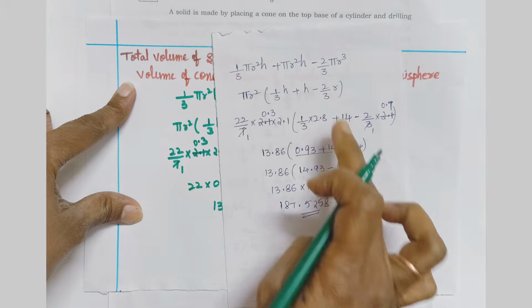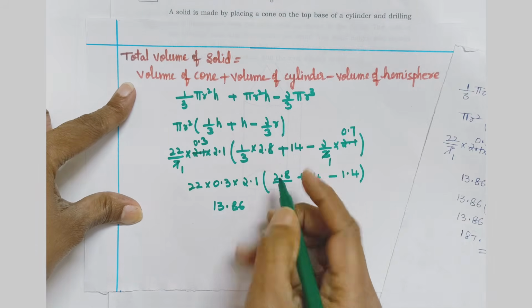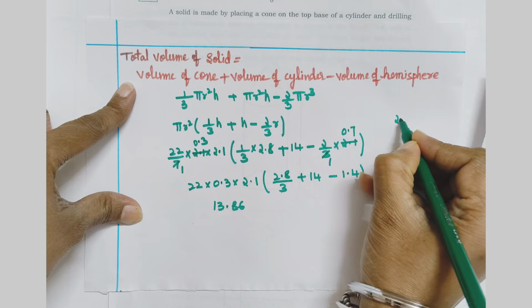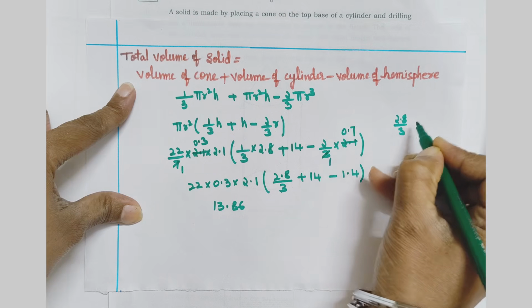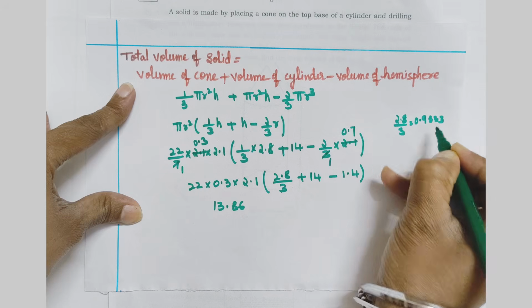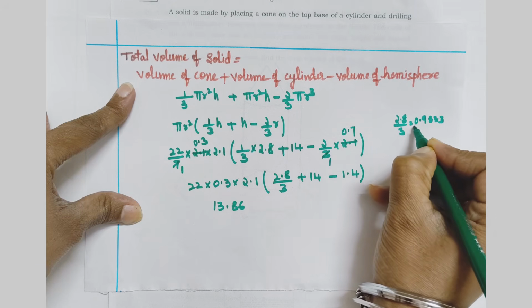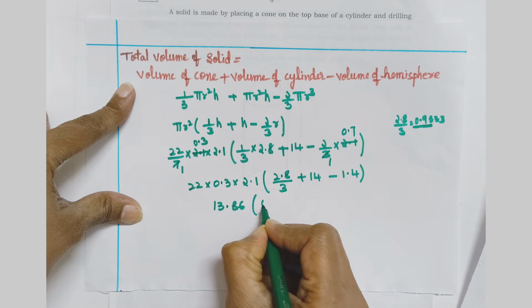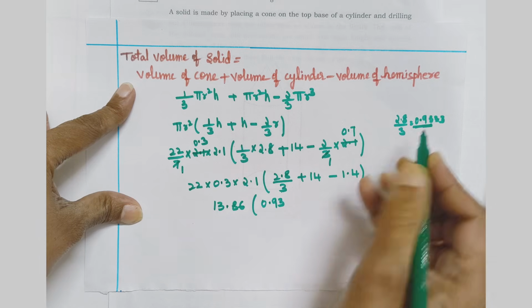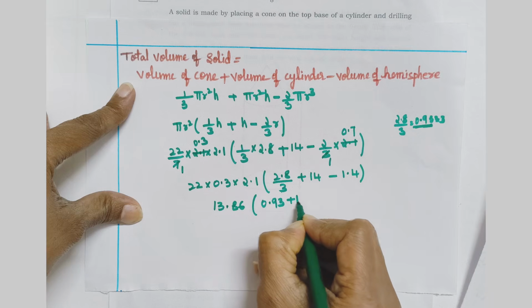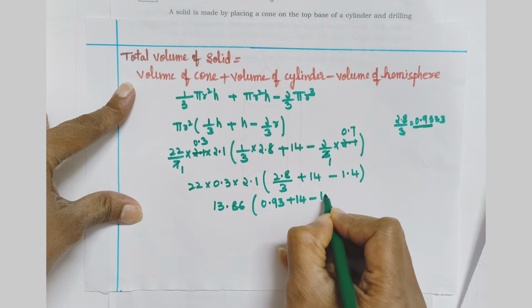Next, 2.8 divided by 3. 2.8 divided by 3 means you will get 0.9333. I will take only 2 digits, so 0.93, plus 14 minus 1.4.